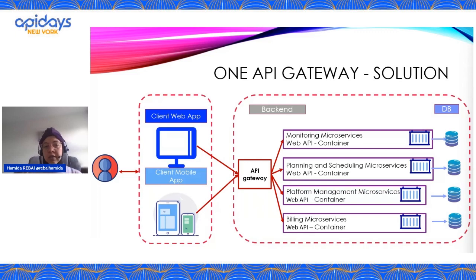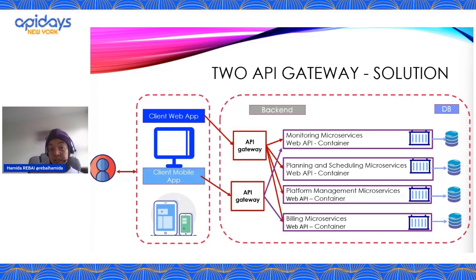It will be easy to manage the different calls coming from the mobile application or any application. So the user will interact with different applications, it can be mobile or anywhere, and these applications will interact with the API gateway, and the API gateway will interact with the different APIs or microservices.